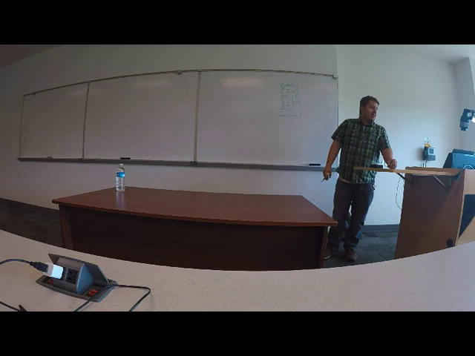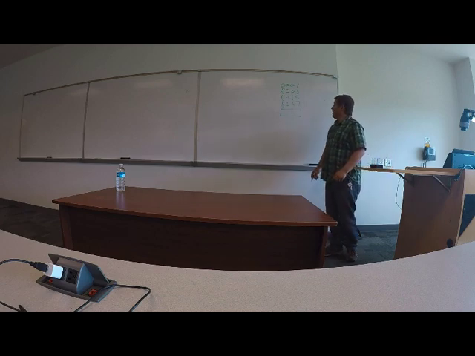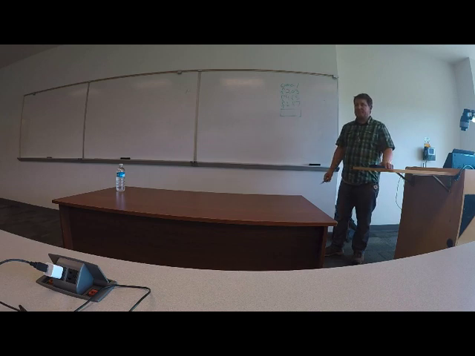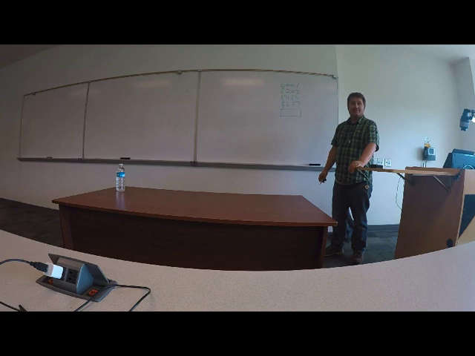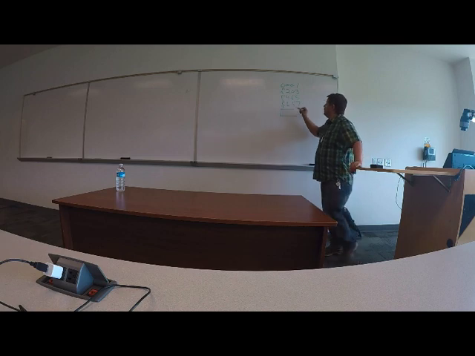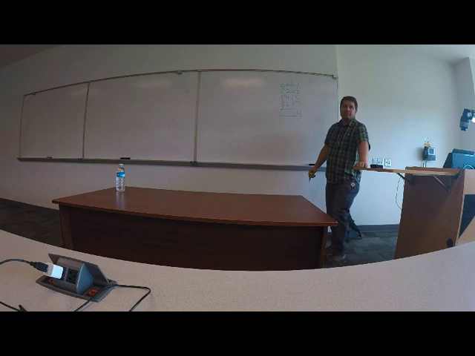So we're going to sum them all together. 1, 3, 5, and 7 is what? 16, which is 0. We carry the 1. F, F, and 1.